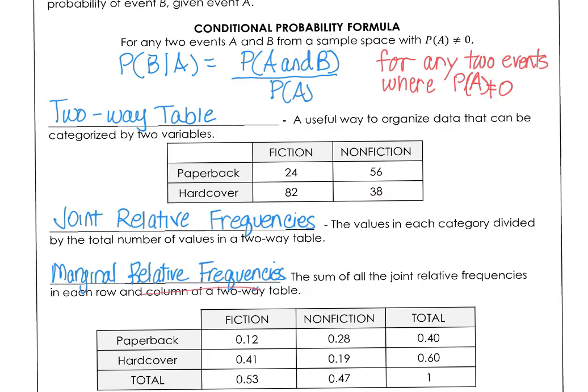Now, when we take these values from some data, such as this two-way table, and pick a category and divide that by the total number of values in that two-way table, this is called a joint relative frequency. And when we have the sum of all the joint relative frequencies in each row and in each column of a two-way table, we call that the marginal relative frequencies.